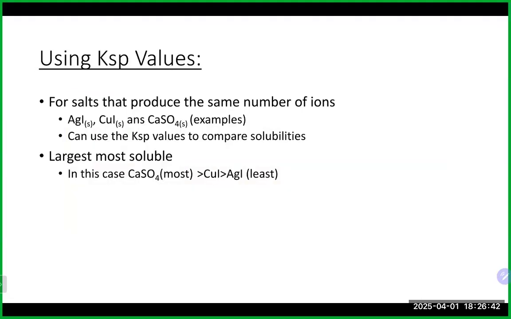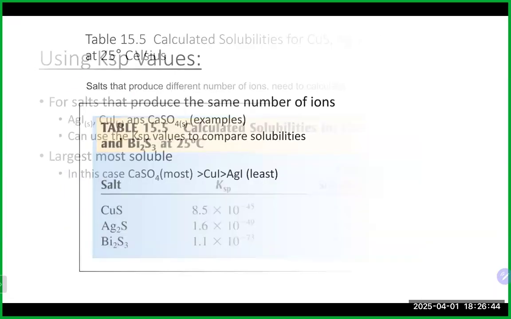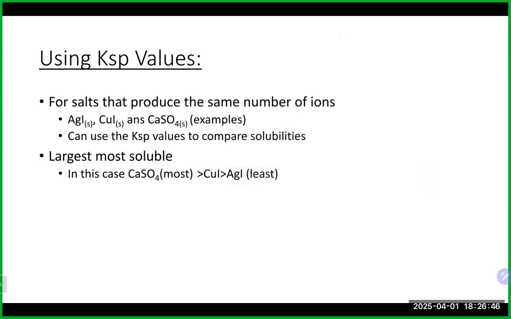All right. So let's talk about using the Ksp values. Another thing that you can sometimes do with Ksp values is use it to help you determine the solubility of a group of insoluble compounds. So you can, in certain cases, use the Ksp value to compare which one might be more soluble or which one will be less soluble.